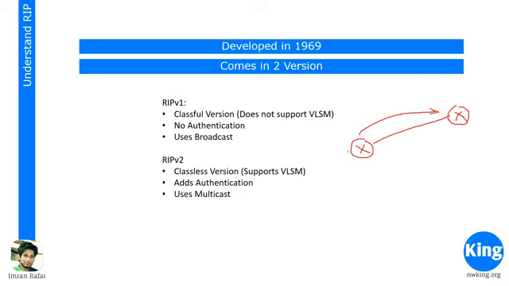Let's say this is connected to the 10 dot network, this is the 20 dot network, and this one is connected to the 30 dot network. If RIP is enabled on both devices, let's call this router 1, and this is router 2.